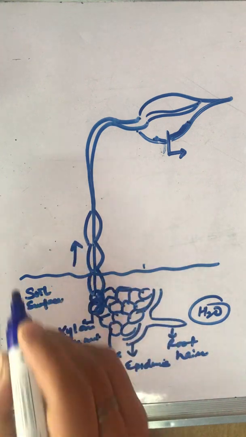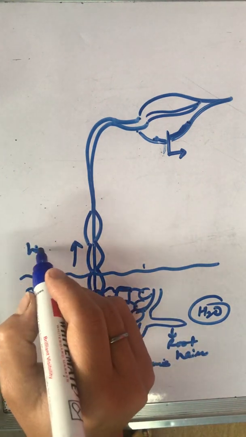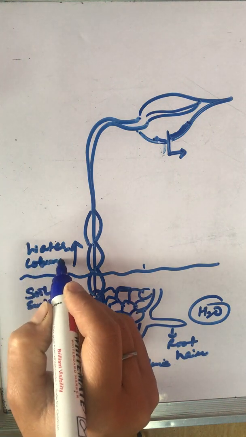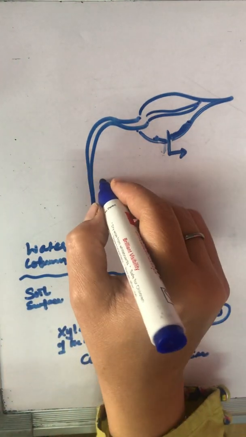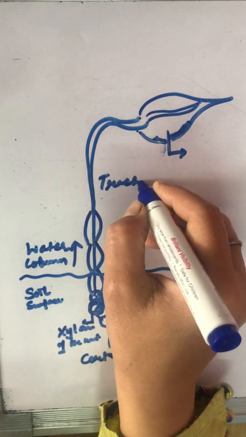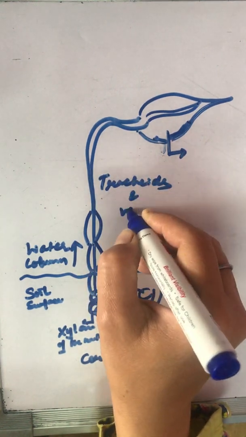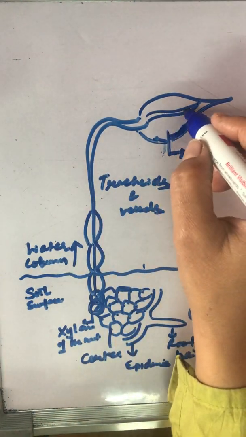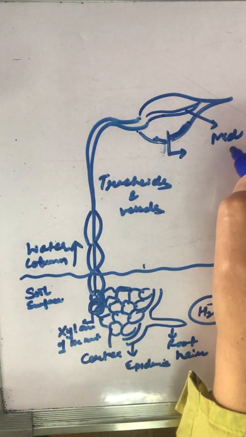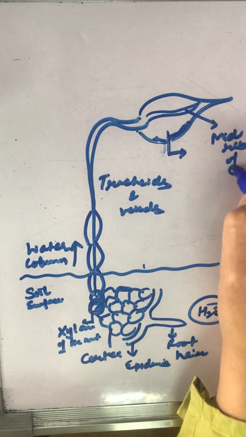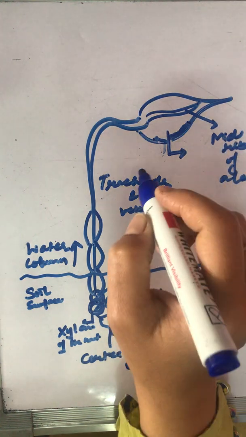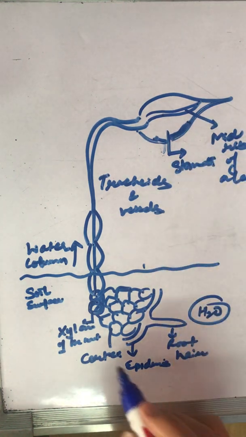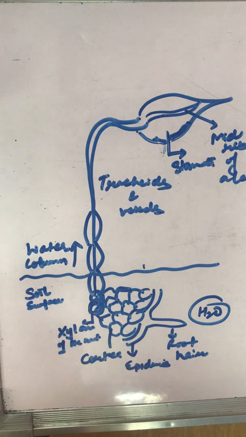Then this creates a water column. It is moving up through tracheids and vessels. Finally, where is it reaching? The midrib region of the leaf, and is moving out through stomata. This is how the water goes up.